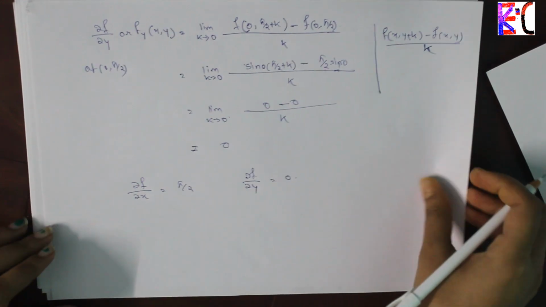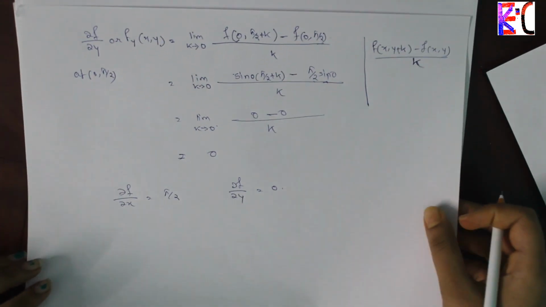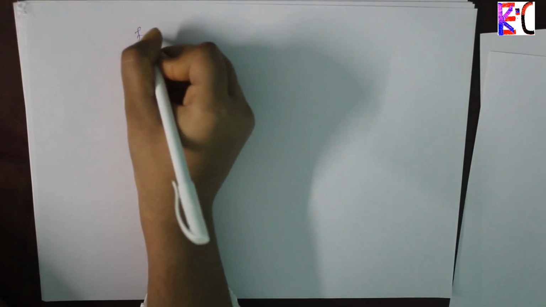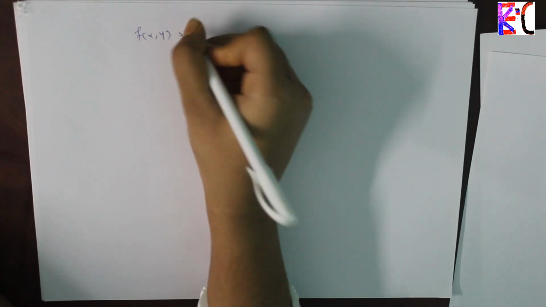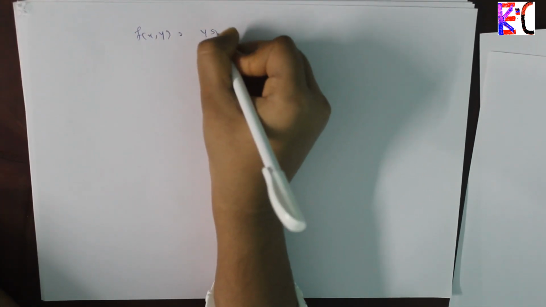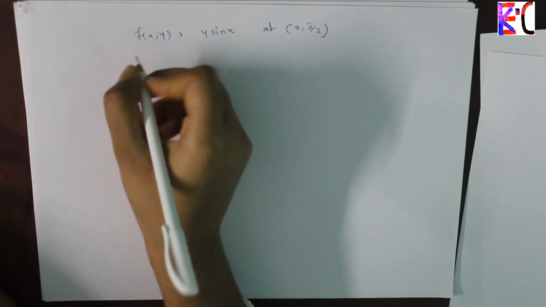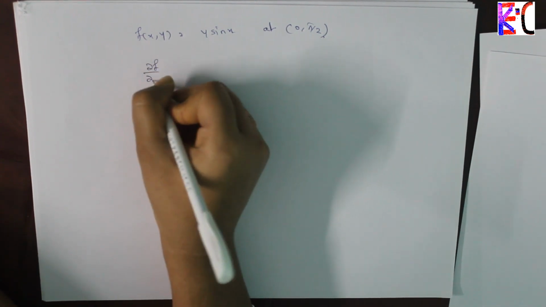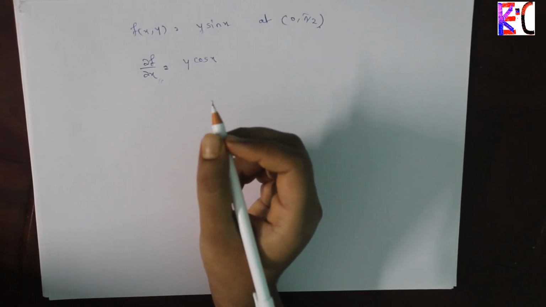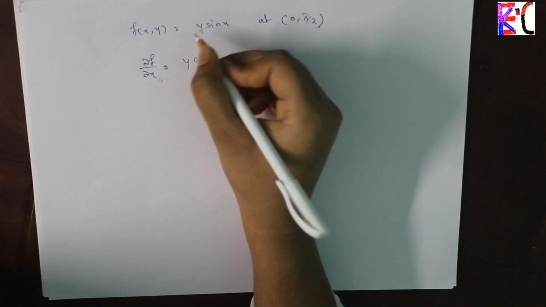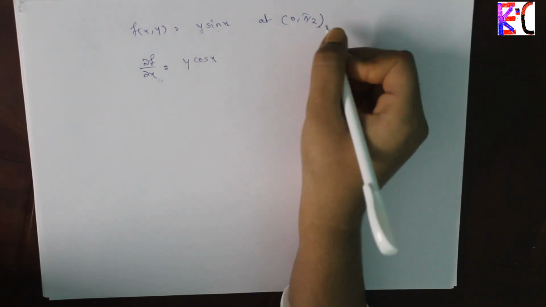Now I will show you how to solve without the definition. The question is the same: f of x, y equal to y sin x at 0, pi by 2.